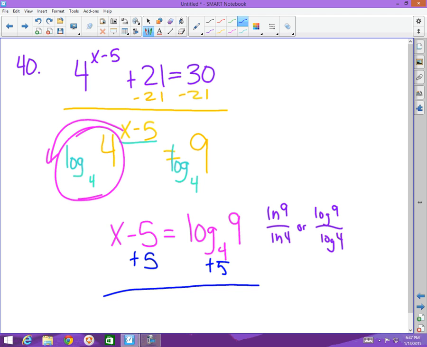And when you do that, ln 9 divided by ln 4, that is 1.58, 4962501 if you want to go that far out, but we don't have to write that. Then add 5 to that.